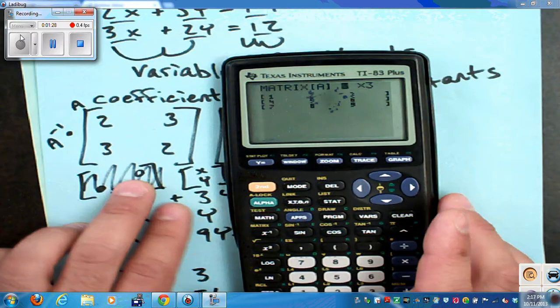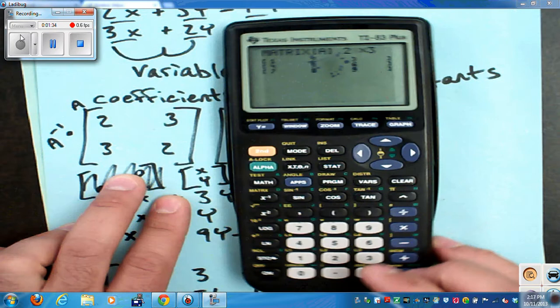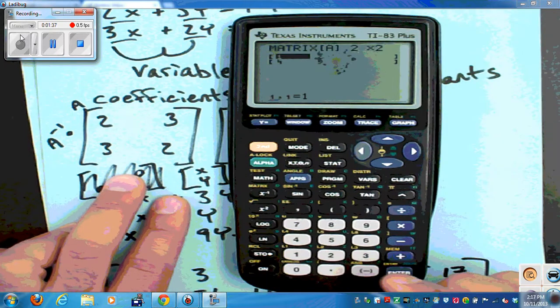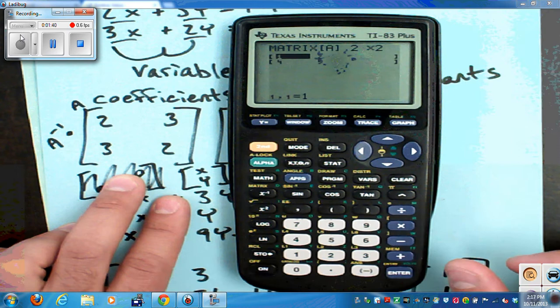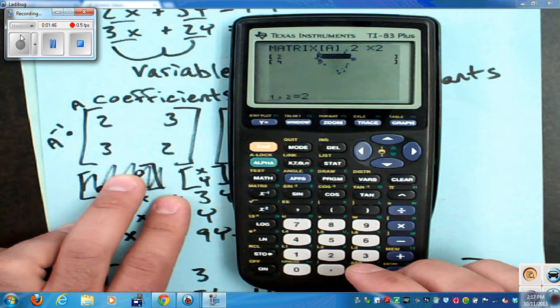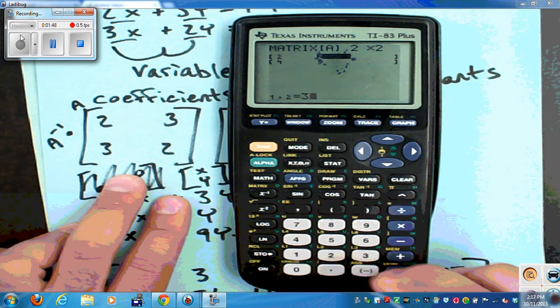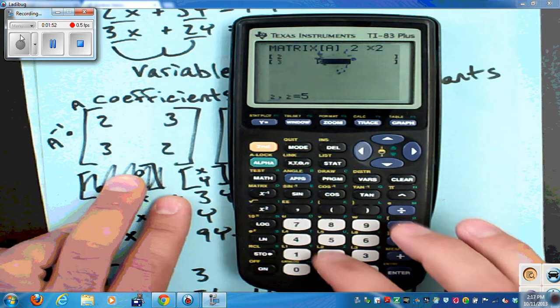So this is a 2 by 2 matrix. So I'm going to tell it 2, enter, 2, enter. Notice that it changes the dimensions of the matrix to be a 2 by 2. I need to input my information, which is 2, enter, 3, enter, 3, enter, 2, enter.